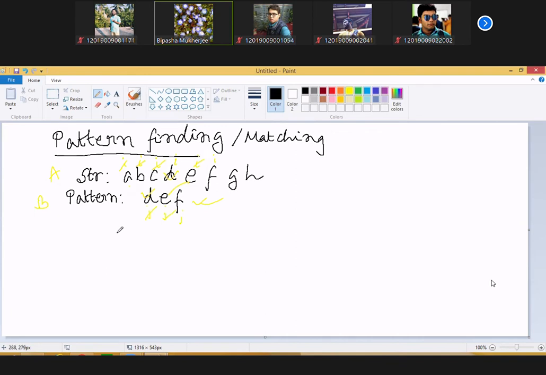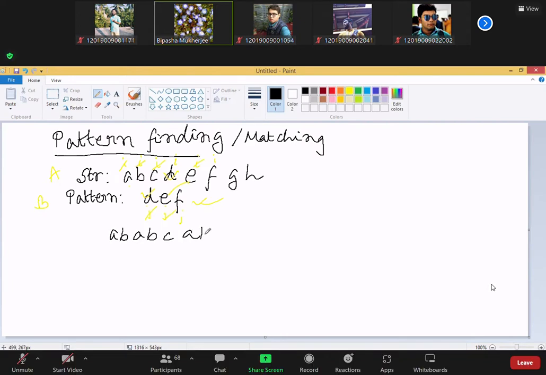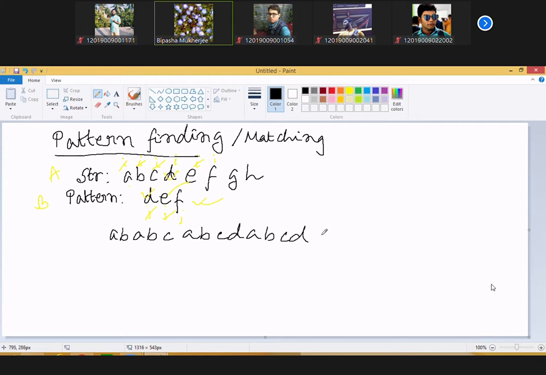But if the string is like this: A, B, C, A, B, C, D, A, B, C, D, E, and your pattern is A, B, C, D, E, you need to find it. What will you do?